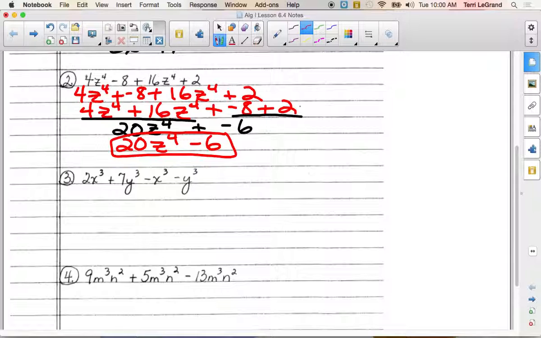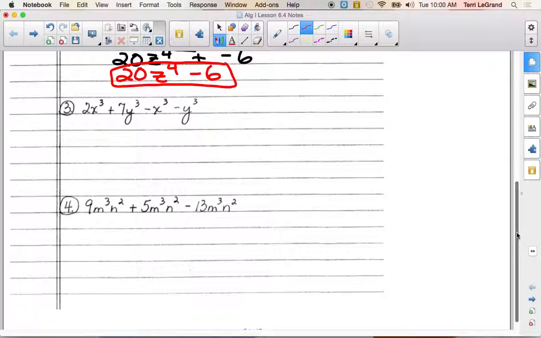Okay, well notice what's different about our next one is we have a couple of different variables involved in it. So when there's a couple of different variables involved, how would they typically show the answer then? What else does algebra like? Alphabetical. Alphabetical order. It likes things in alphabetical order, so we're going to keep that in mind. So let's first of all change our subtractions that we have to add the opposite, and maybe even insert some 1s in there.